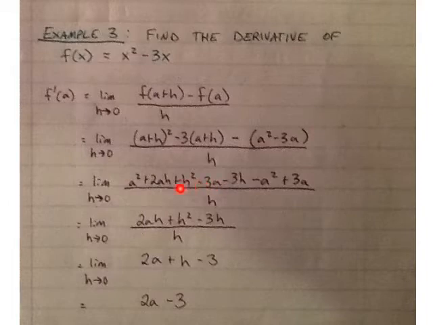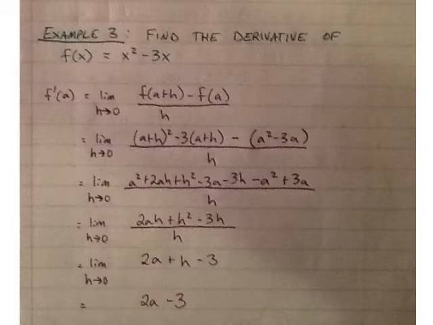If we expand out the top, we take our binomial squared and write it as a trinomial, minus 3 times a plus h, and then we can distribute the negative, and we get a long series of terms in the top.